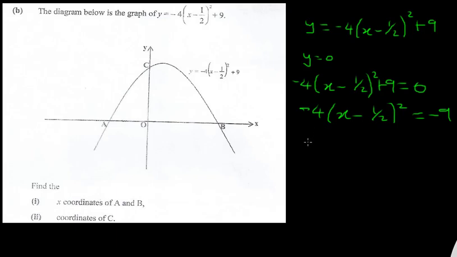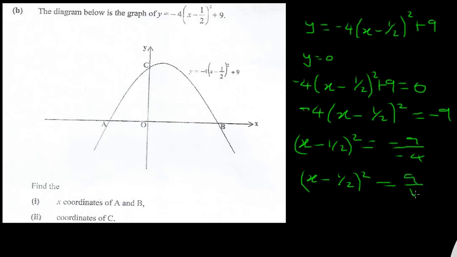Well, we can divide both sides by minus 4 and we would have x minus 1 over 2 squared equals minus 9 over minus 4. Well, the minus signs would disappear. x minus 1 over 2 squared equals 9 over 4. Am I right?